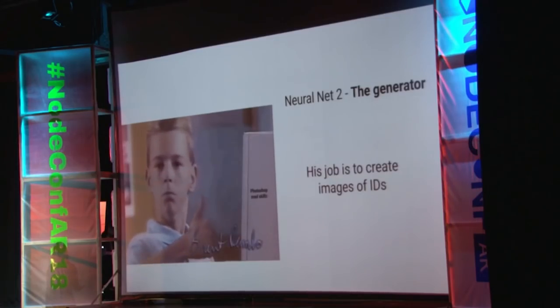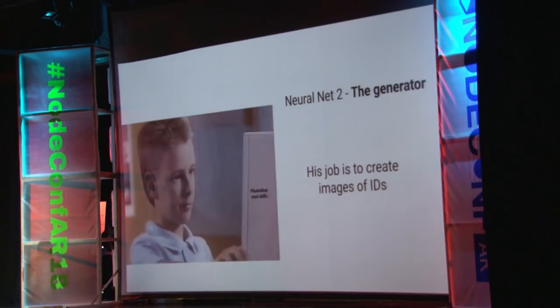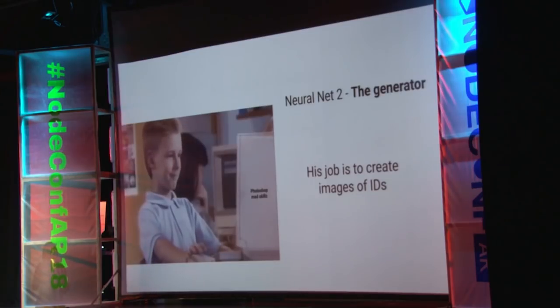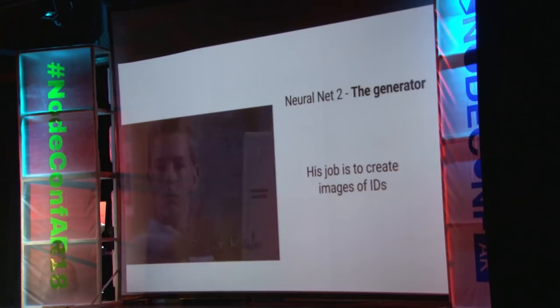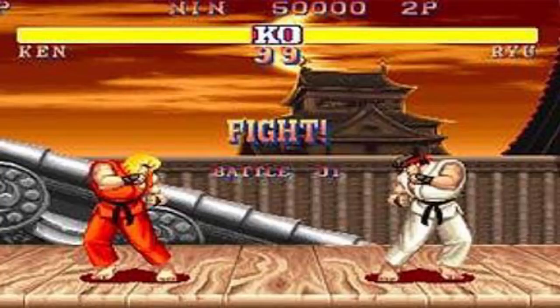You can think of it like yourselves when you were 16. You're probably trying to create the images and keep them as real as possible, getting examples from actual IDs. His job is going to be creating those images to try and trick the discriminator. And we're just going to put them to interact and to fight and to improve each other. So at the very beginning, they're very bad. They don't do any of these things very well.